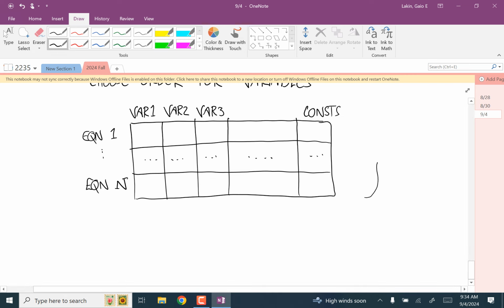So there are going to be n rows, and n plus 1 columns.